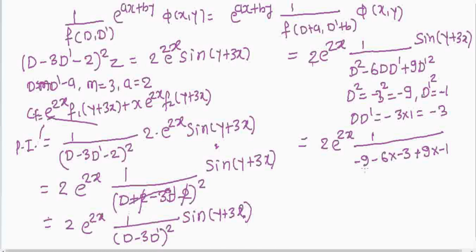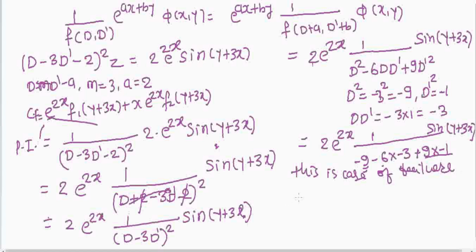See here, minus 9 and minus 9 is minus 18, and plus 18, and that will be 0. So this is a case of failure. Don't worry about this. This is a case of failure, and you know how to handle it.